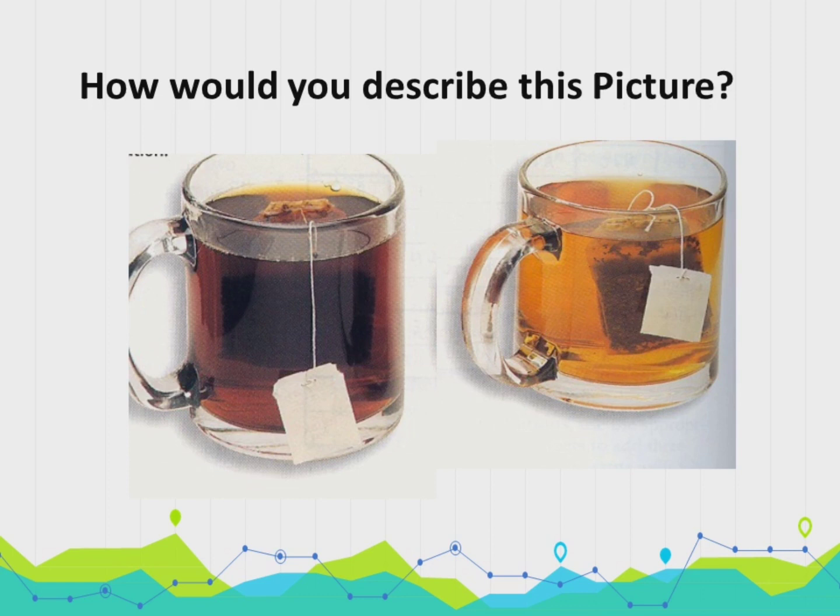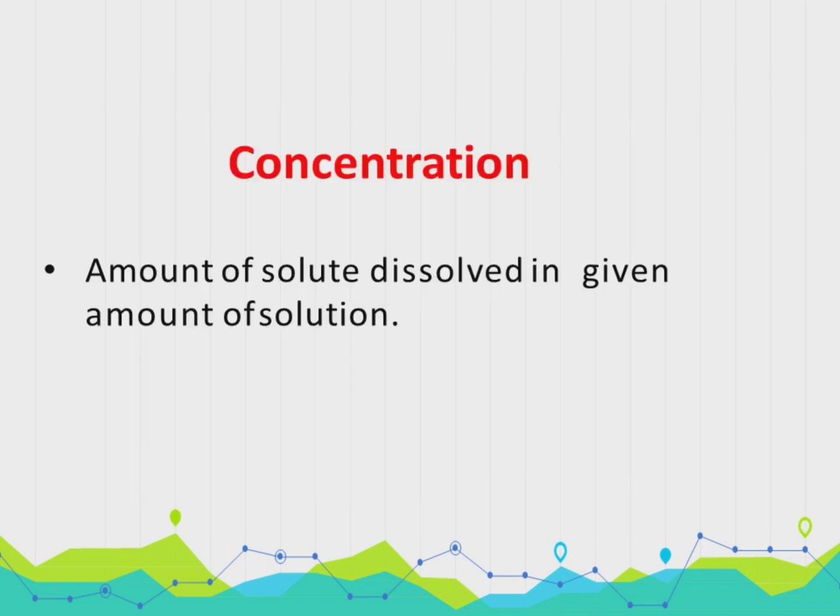So this amount of tea made one cup darker and the other lighter. In a solution, this amount is known as the concentration of the solution, and it can be described as the amount of solute dissolved in a given amount of solution.